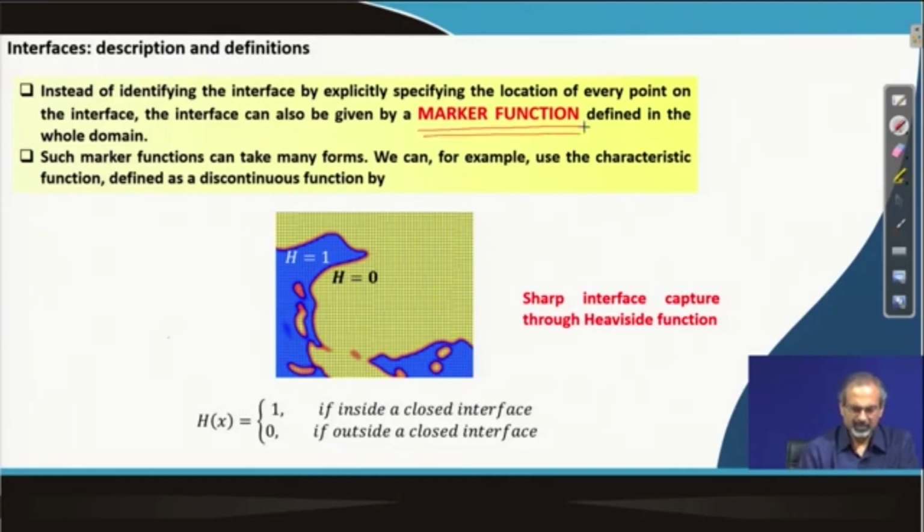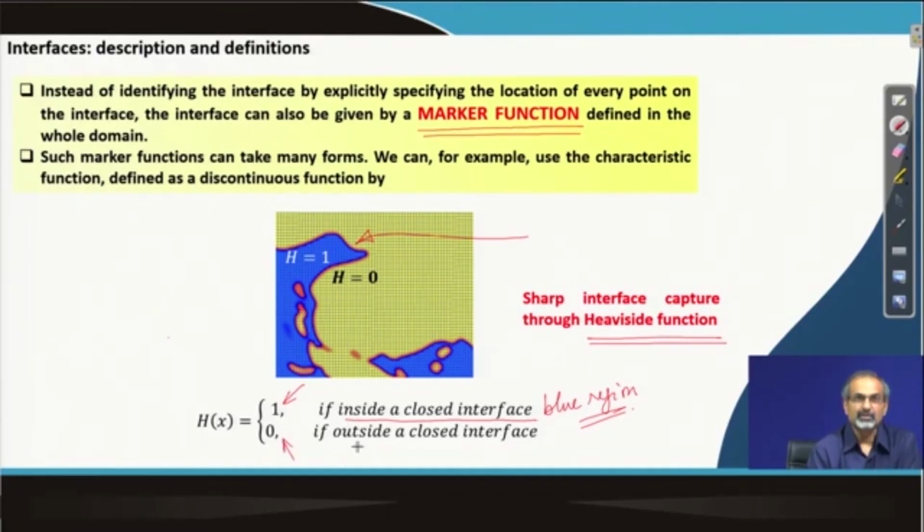If you are capturing the sharp interface, then there would be a jump in the value of a property, and in this case we will define the value of one of the phases through a Heaviside function, which is nothing but a step function which attains a value of 1 inside the closed interface, that means in the blue region, and it will attain a value of 0 otherwise. So, it is outside of the closed interface.